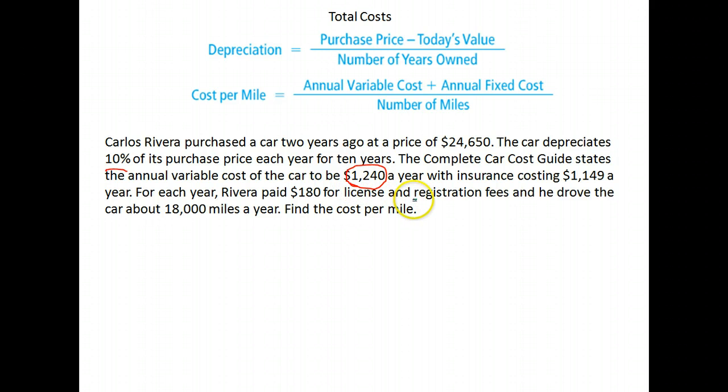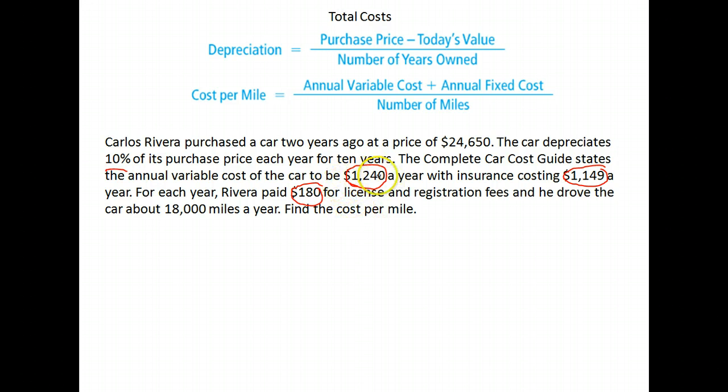So that's, again, oil, gas, tires, all of those things. With insurance costing $1,149 a year. For each year, he also paid $180 for license and registration fee and drove the car 18,000 miles per year. Find the cost per mile.